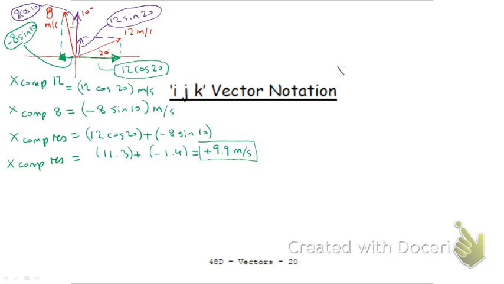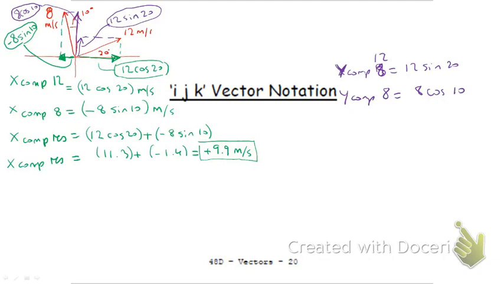So I say y component of 12, we said, was 12 sine 20. Y comp 8 is equal to 8 cosine 10.